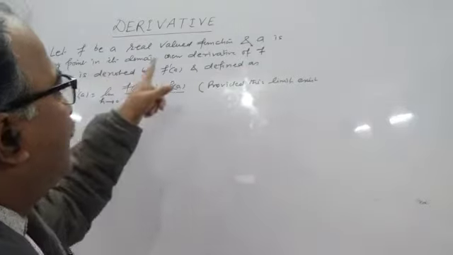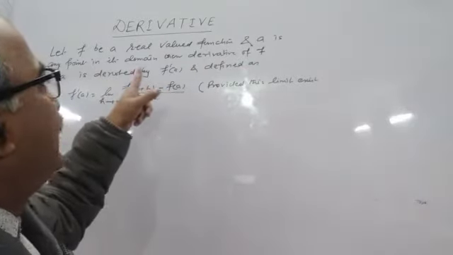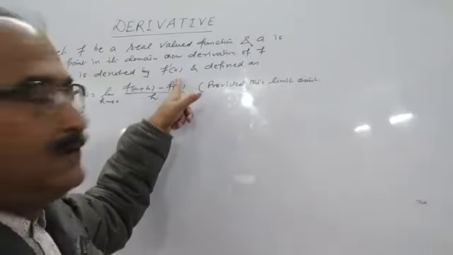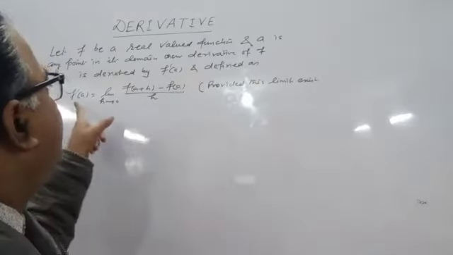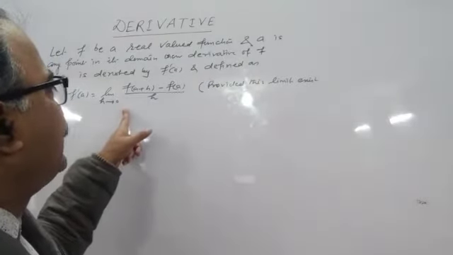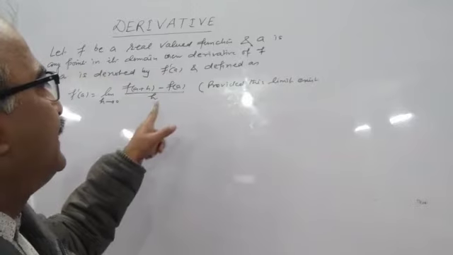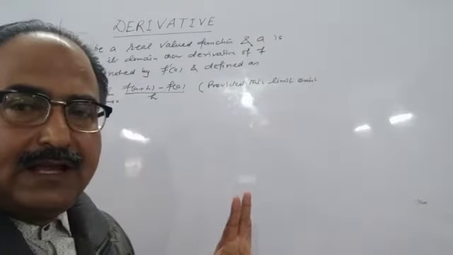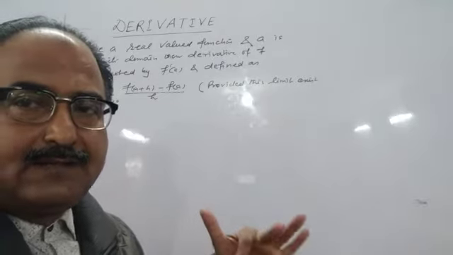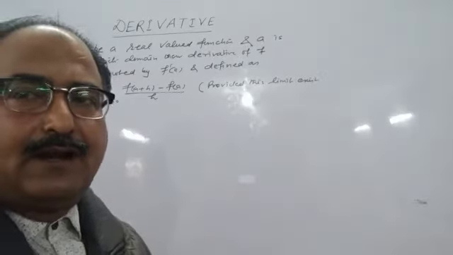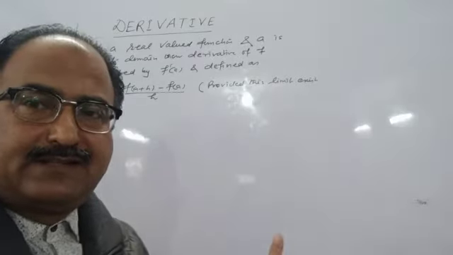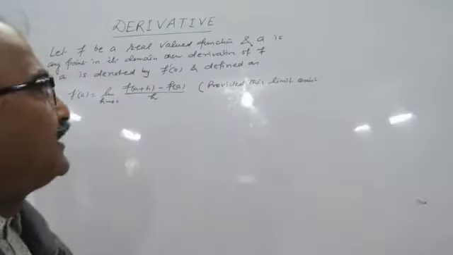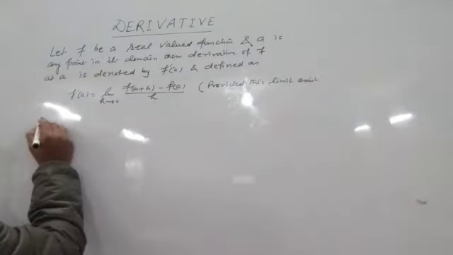Then the derivative of f at a denoted as f dash a and defined as f dash a limit h approaching to 0 f(a plus h) minus f(a) upon h, provided this limit exists. ये डिपेंड करता है कि लिमिट एग्जिस्ट करती है तो डेरिवेटिव एग्जिस्ट करेगा, लिमिट एग्जिस्ट नहीं करती तो डेरिवेटिव भी एग्जिस्ट नहीं करेगा. Now just see certain examples from your book.